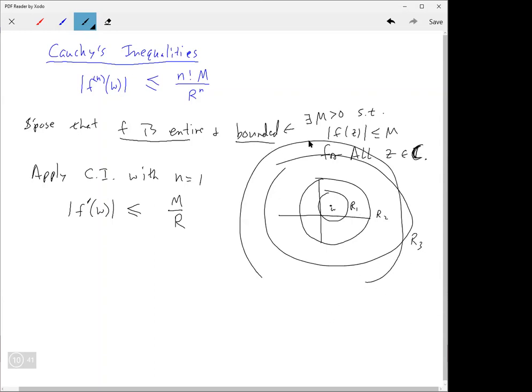You can make them even bigger, keep on going bigger and bigger, larger, and still this inequality is going to hold.